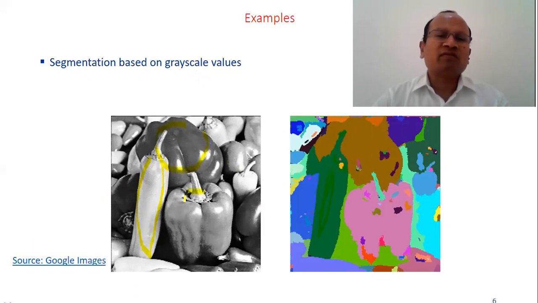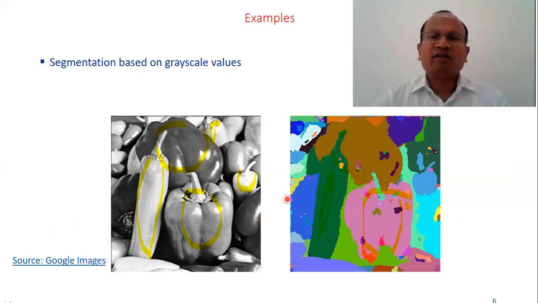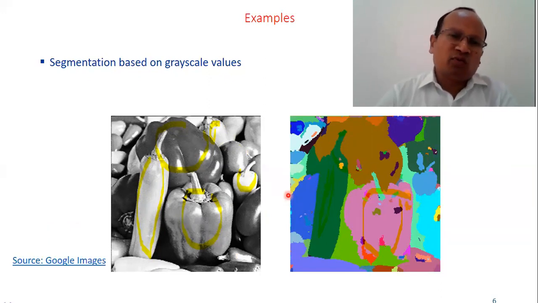There is one more fruit here. It is a different fruit. It is assigned a different color. Similarly, there are different fruits here, which are assigned different colors, so that we can differentiate between these objects. This is just an example for highlighting how segmentation works.